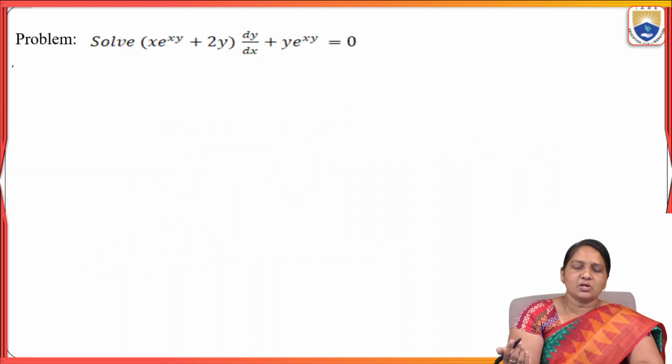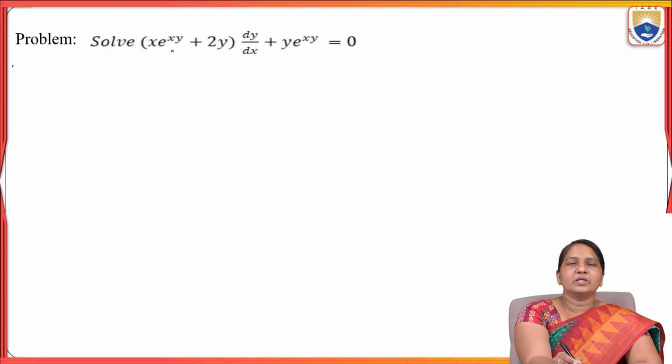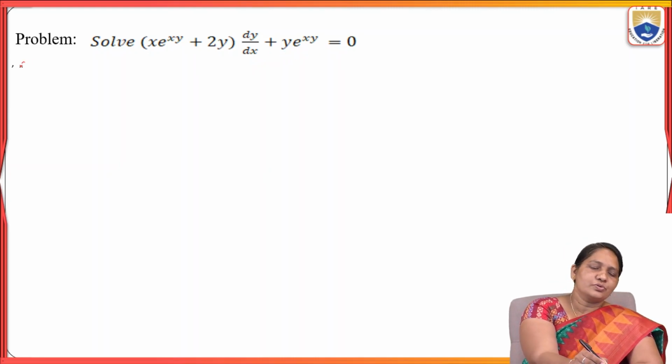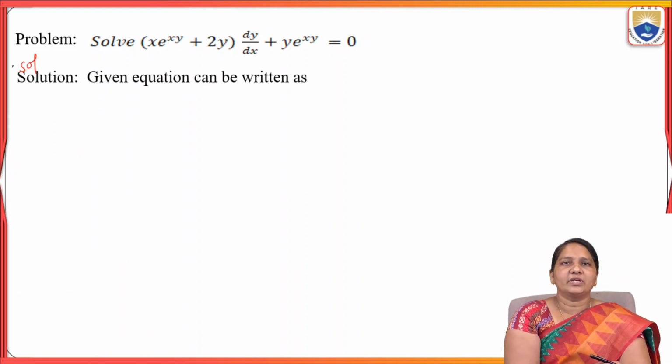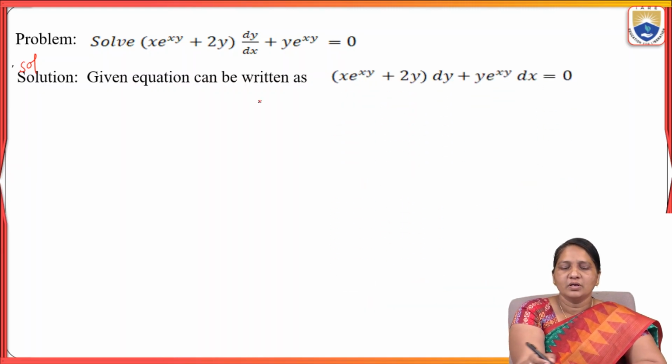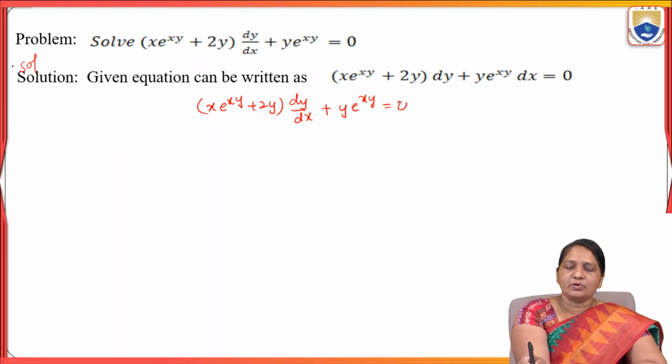See the problem. Solve x into e power xy plus 2y into dy by dx plus y into e power xy equal to 0. So here we are going to see the solution. First we are writing the given equation. The given equation can be written as x e power xy plus 2y into dy by dx plus y into e power xy equal to 0.